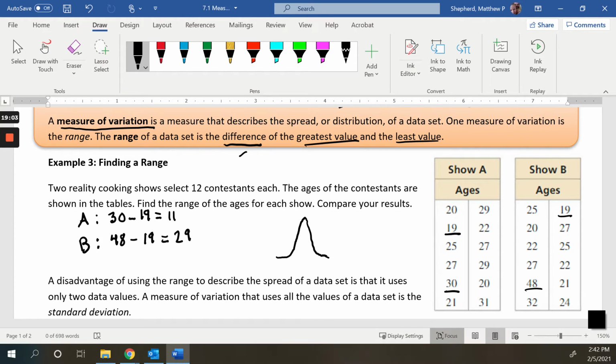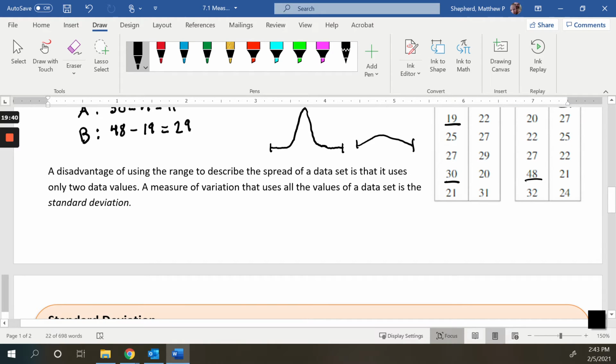And so we could have this data that looks like it's got a very small range, but if both of these represented the same number of people, this one, sure, it crammed everybody right in there, but the range would be the same as this one. And that's part of the trouble with only using the range: we're not getting a full feel for how spread out the data is. We're just knowing the biggest subtracting from the smallest.